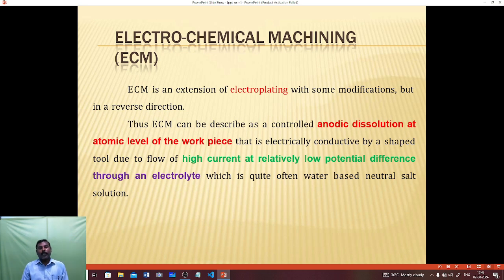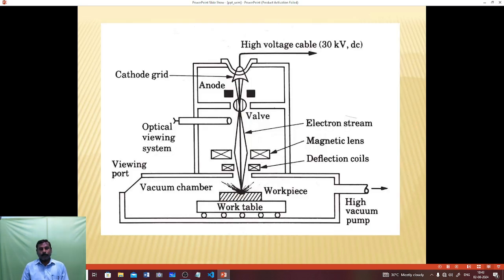Thus, ECM can be described as control at the atomic level of an electrically conductive workpiece by a shaped tool, due to the flow of high current at relatively low potential difference through an electrolyte, which is quite often a water-based neutral salt solution.